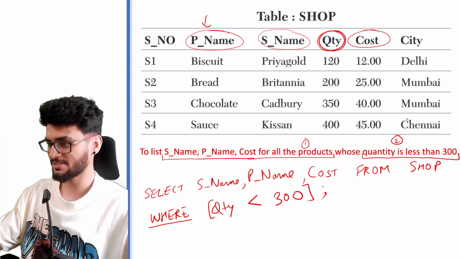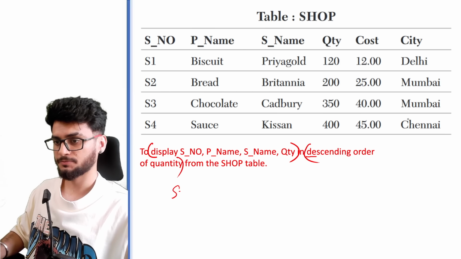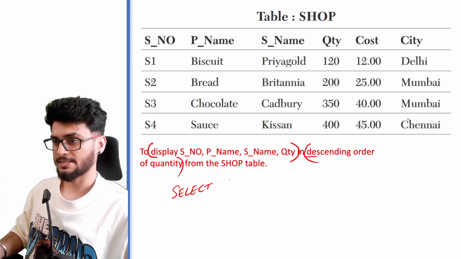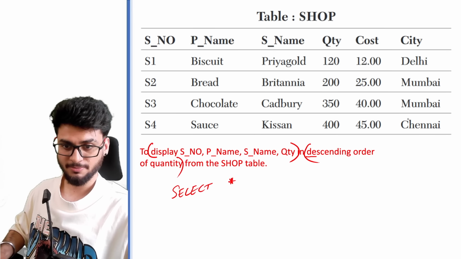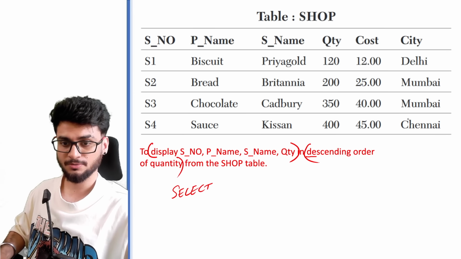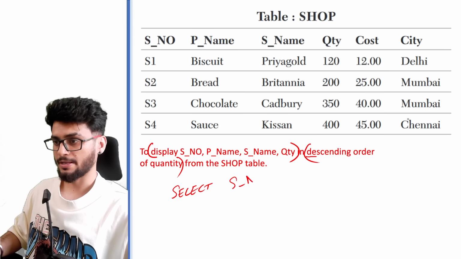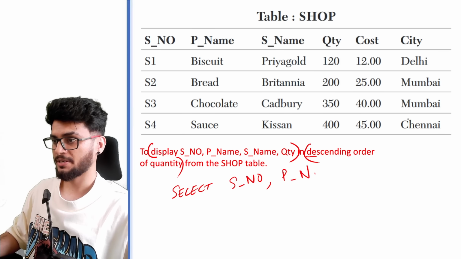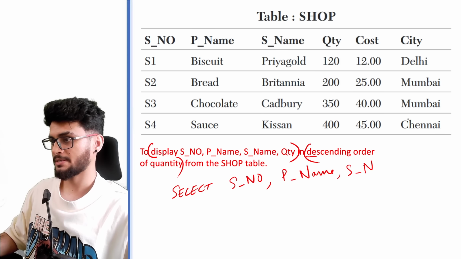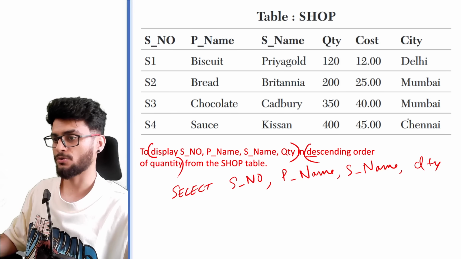All right. Next question, to display S number, P name, S name, quantity in descending order of quantity from the shop table. So there are two parts. Display these four things in a descending order of quantity. So we say select, not star, because we only need to select a couple of columns. S number, P name, S name, quantity. Okay.